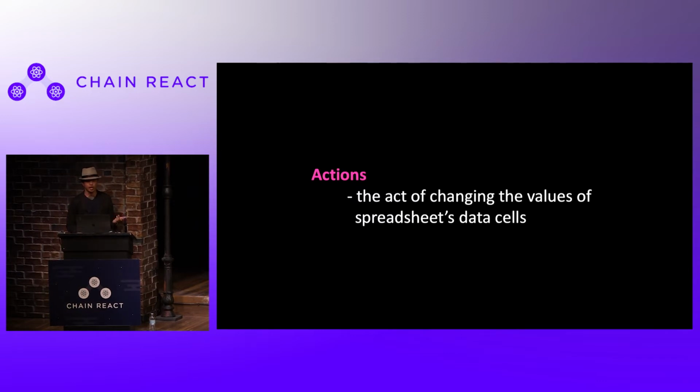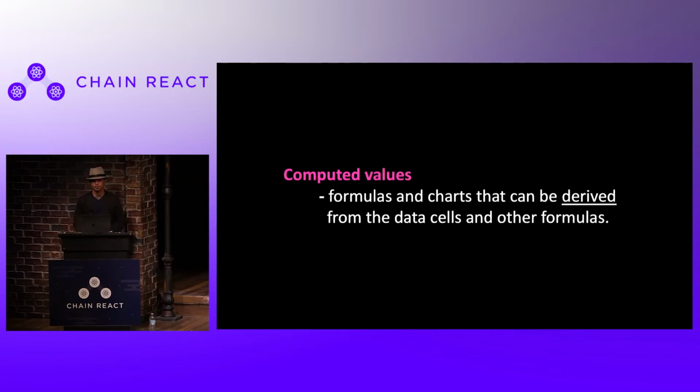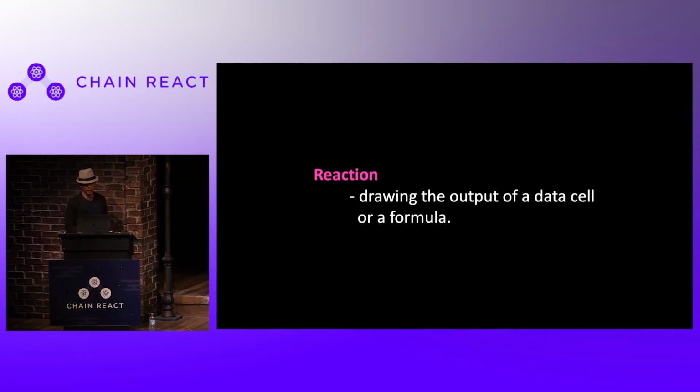Actions are the act of editing the values of cells. Computed values are derived from data cells and other formulas. They are updated automatically when one of the properties is modified. And lastly, reactions draw the output of a data cell or a formula. This is the real-time UI updates in React, which patches the DOM.